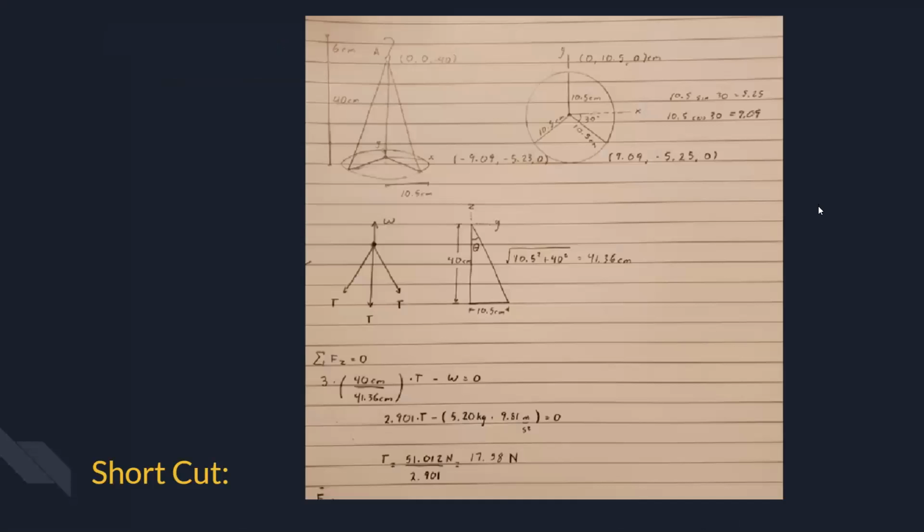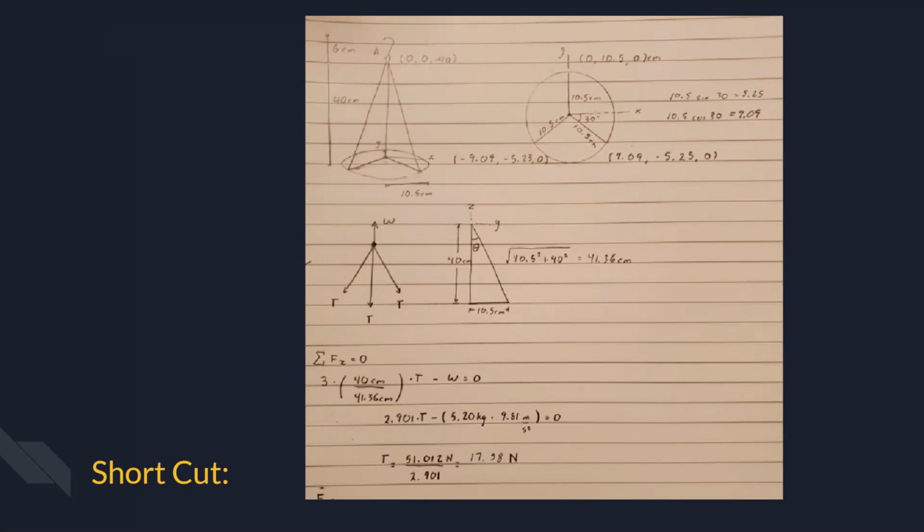So that was one method. The other method was a shortcut method. From this method, we just looked at the flower pot from a 2D perspective, and we were able to create a right triangle using the height of the flower pot and the radius of the flower pot. So the height was 40 centimeters, the radius was 10.5 centimeters, and we got that the hypotenuse was 41.36 centimeters.